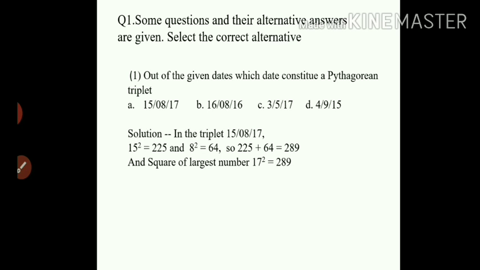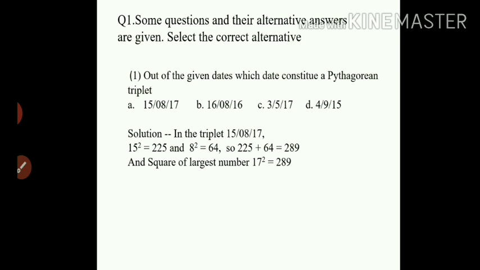So now we will take the first option, the triplet 15, 8, 17. You can see 15 and 8 are the smaller numbers and 17 is the largest. First I'll take 15 square. You know 15 square is 225 and 8 square is 64.